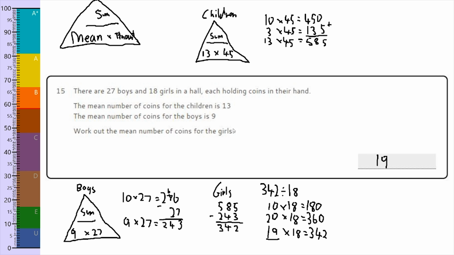Okay, check that makes sense. Well, the boys is 9, the average in total is 13, and there's loads of boys, so the boys are going to have quite a lot of influence over the mean, and there's less girls, so they should have less of an influence.